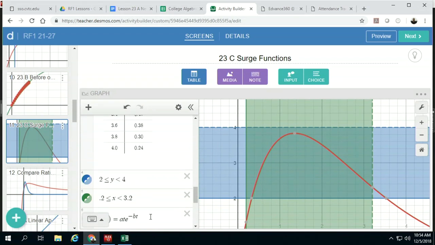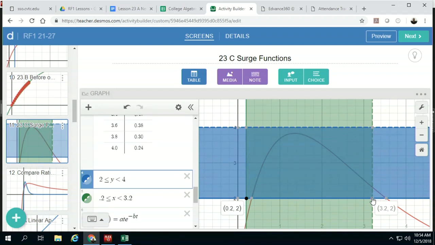On this page, it asks us to make a drug that is effective, so it has to at least go through this point. It can't cross this line. And it has to at least be as long as this. Now, it could be wider than this green area, but it has to include all of that green area, and it has to be not above the 4.